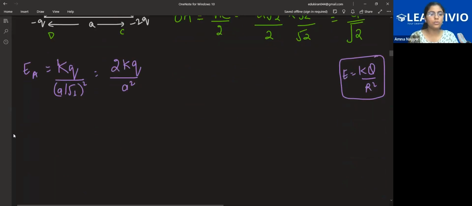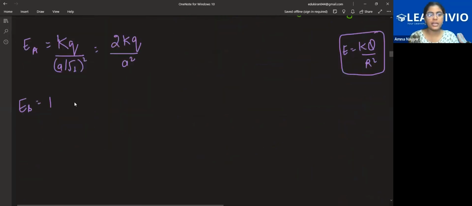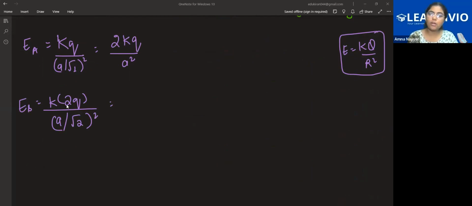Come to EB. What is the charge here? 2Q. Rest everything is same. So K into 2Q divided by, separation is same in all, a by root 2 whole square. Now see, when the 2 goes up to multiply, this 2 is already present. So 2 into 2 will become 4.